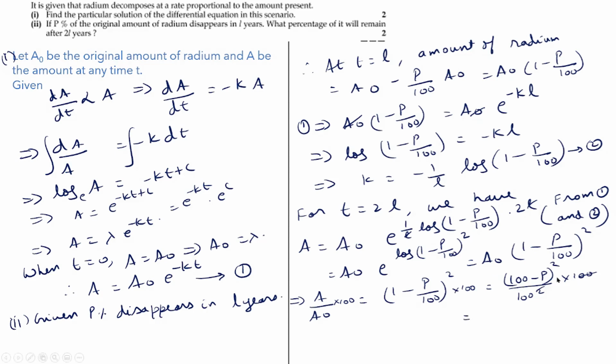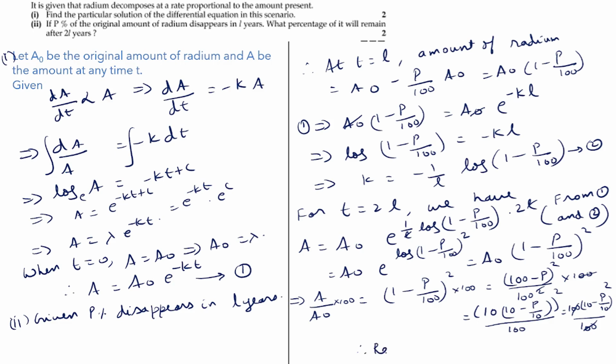Now let us write this 100 minus P as 10 into 10 minus P by 10, so that we can cancel this 100. So it will be 100 into 10 minus P by 10 the whole square upon 100. So these 100s will go. As a result, we have A by A naught into 100 as 10 minus P by 10 the whole square.